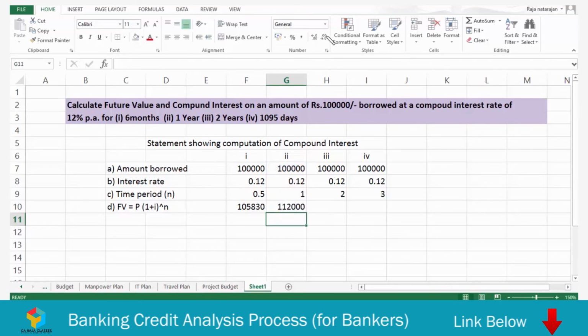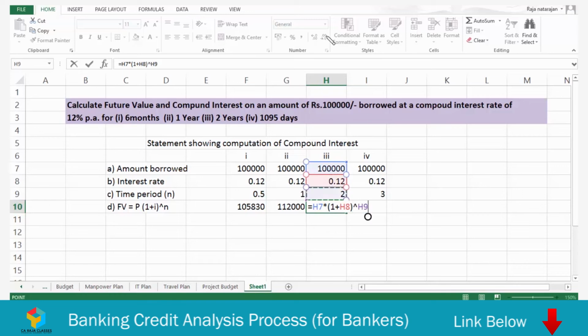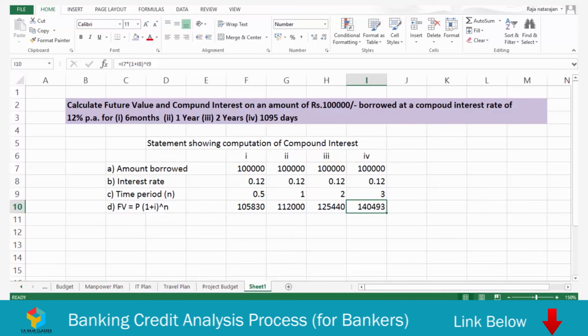That's going to give me 1,12,000. I'll try the third scenario: principal multiplied by 1 plus I, close the bracket, raised to the power 2, and it is 1,25,440. If I simply copy paste this formula, I'll get the future value in scenario 4. So this is my future value.